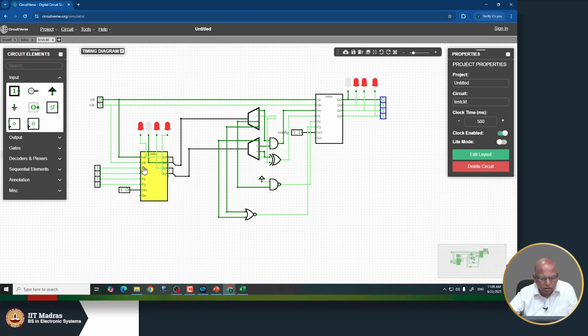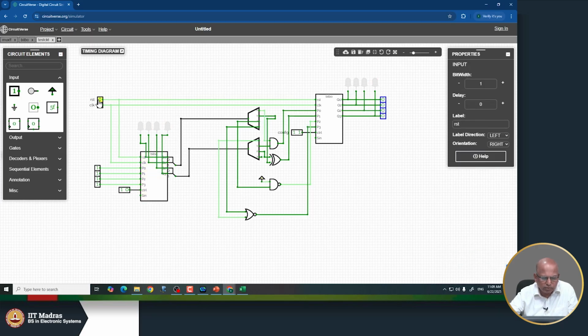Okay. Now do the same thing, go to reset, clock 0, load this guy, then go back to the LFSR mode and apply 5 clocks. 1, 2, 3, 4 and 5.